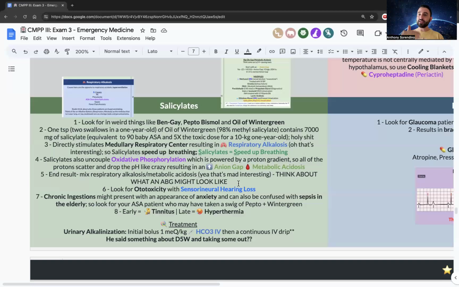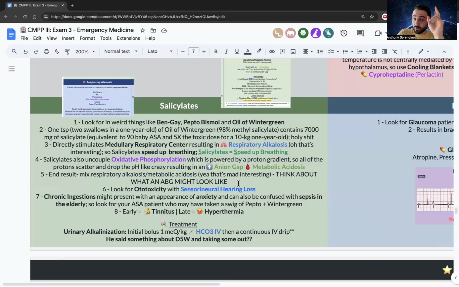The proton gradient that was powering that ATP pump breaks, all the protons go all over the place, right? Protons or hydrogen ions are what contribute to acidity. So that is why you get your anion gap. That is why you get your metabolic acidosis, because of the uncoupling of oxidative phosphorylation. We've talked about acidosis so often, but to actually see the pathology there, I think is really interesting.